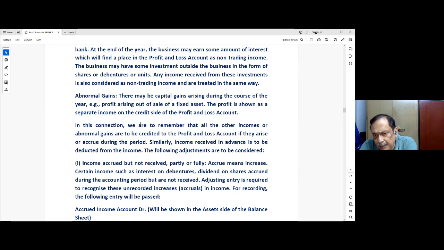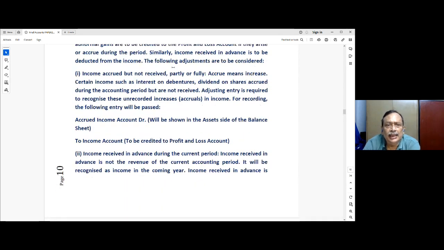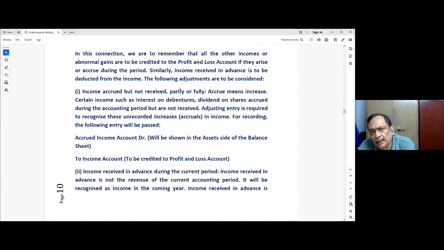Now, for this purpose, there are certain adjustments which are to be considered. Number one, income accrued but not received, partly or fully. Accrue means increase. Certain income such as interest on debentures, dividend on shares, accrued during the accounting period but are not received.